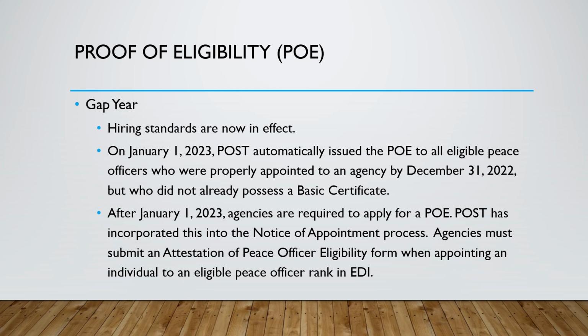More about this in a moment. If the officer does not already possess a basic certificate, Post will issue a proof of eligibility at that time. If the officer already possesses a basic certificate, no proof of eligibility is required.